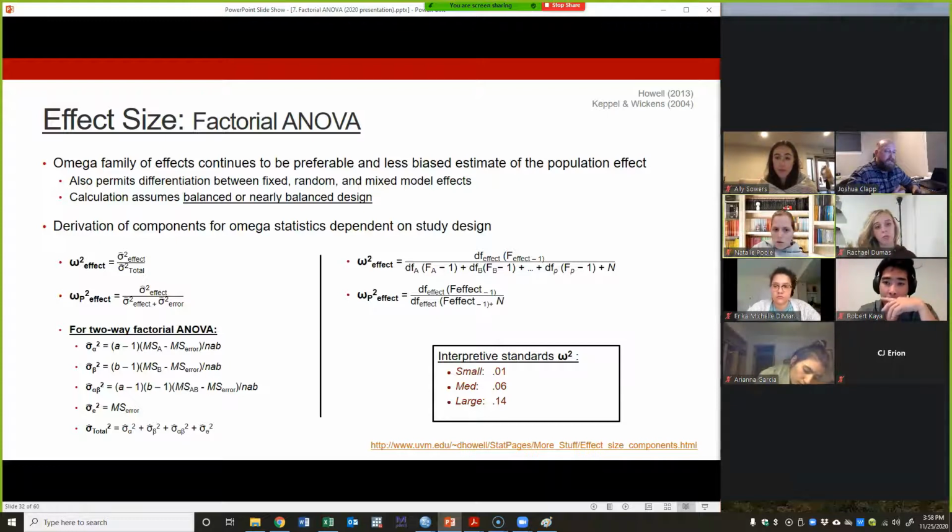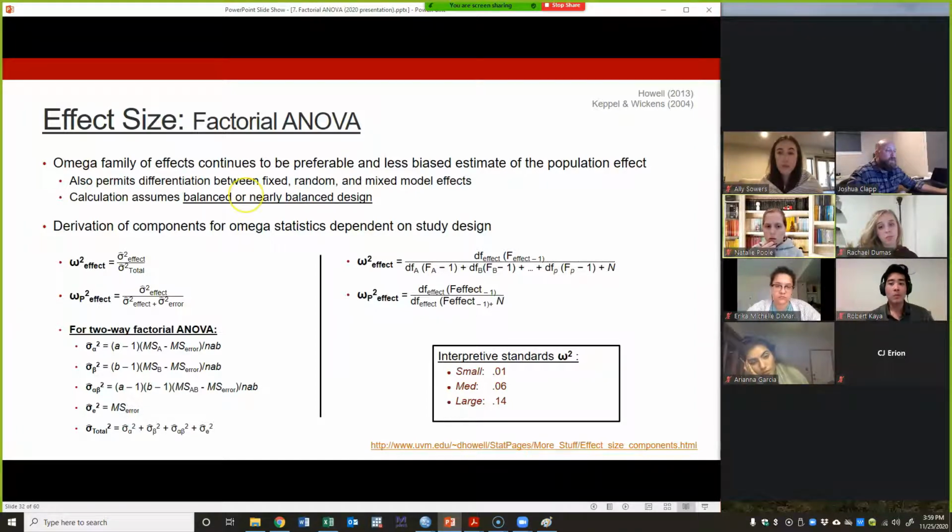Our omega squared statistics have some correction and tend to be better in a lot of ways. These omega squared statistics also account for the different types of designs that we're using. Only drawback is that omega squared assumes that we're dealing with balanced or nearly balanced designs.